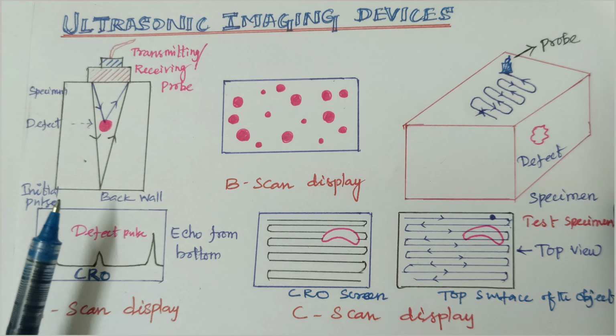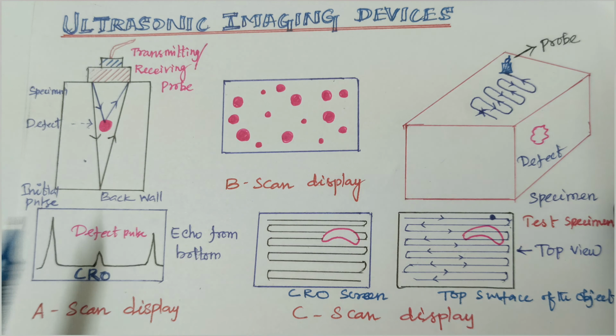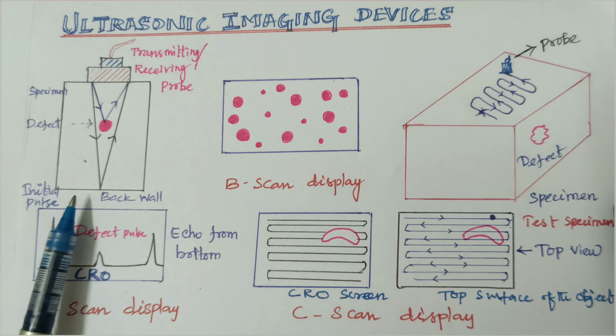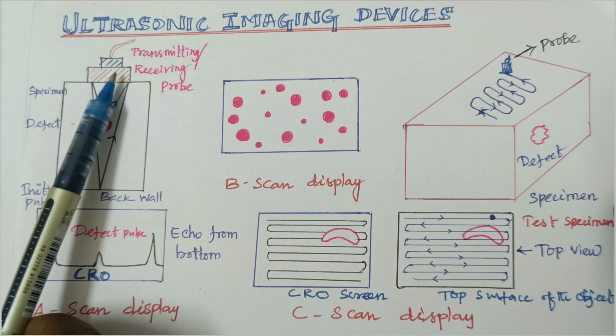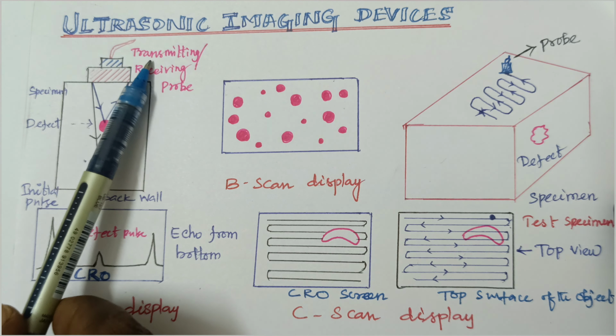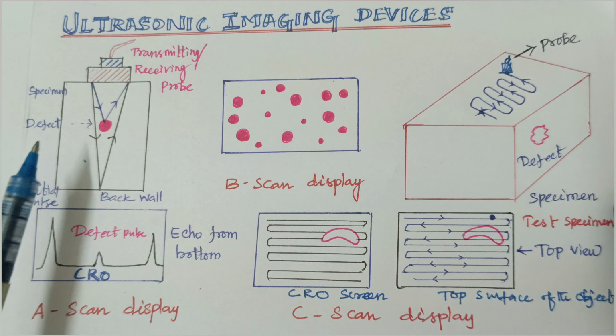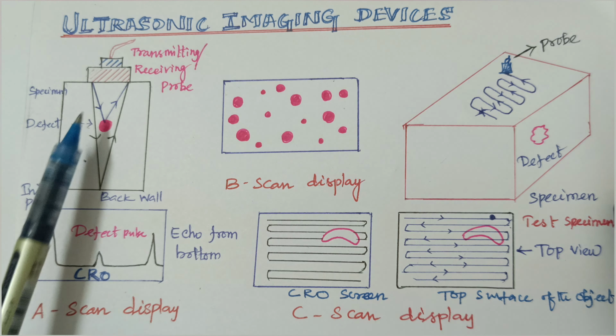The A-scan is similar to what you already know of the ultrasonic testing method, that is, the reflection mode method. Like that, this device is also a reflection mode method. Here you can see the probe. We are using a transmitting and receiving probe, a single device which can act as both transmitting probe and receiving probe.